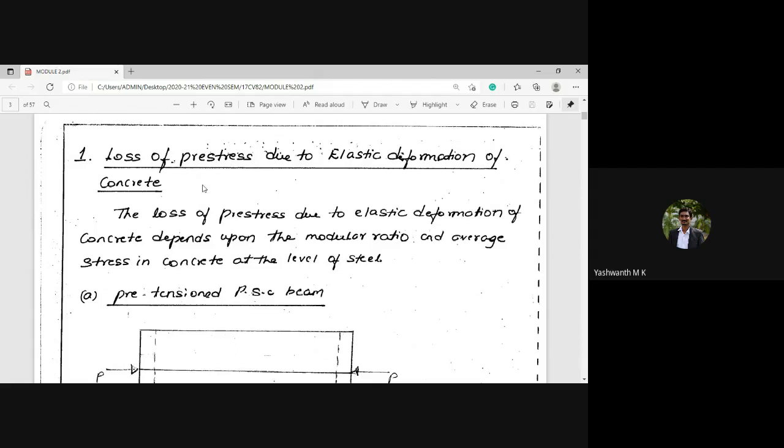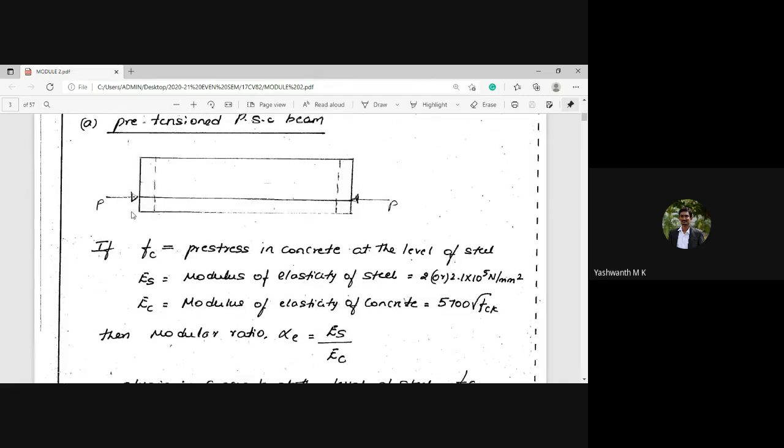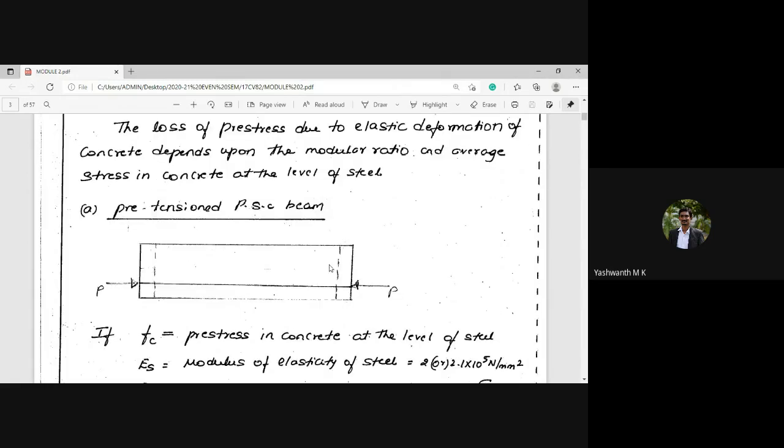This process you already know from the basics of the concept of pre-stressing. After this, you can see from the diagram the concrete will undergo certain deformation as time elapses, and whatever deformation happens will be within the elastic range.